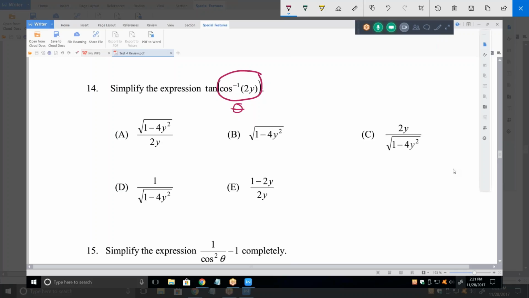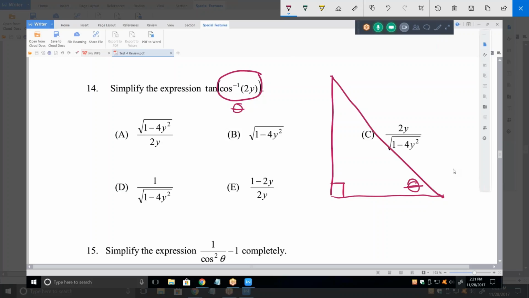Now, next step, draw your triangle, label the angle we're talking about. Now, dimension this thing. Remember that the cosine of theta equals 2y. So how can the cosine of theta be equal to 2y? In other words, that's what inverse cosine of 2y equals theta means.